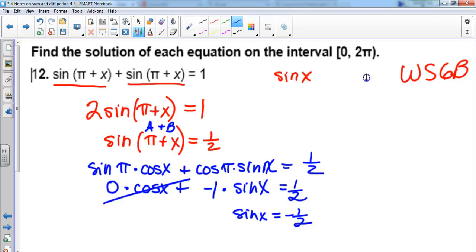Okay, it says 0 to 2 pi, so we look at our handy-dandy unit circle, and where is that true? Sine is -1/2. Not 5 pi over 6.